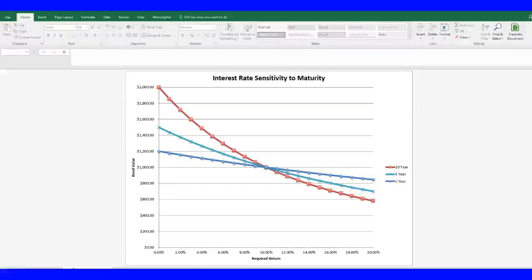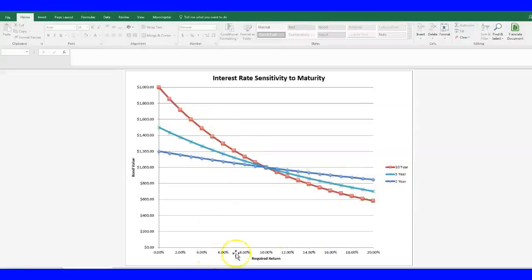We can see the interest rate sensitivity to maturity graphically. Here we have in red the 10-year bond, in green the 5-year bond, and in the darker blue, the 2-year bond.